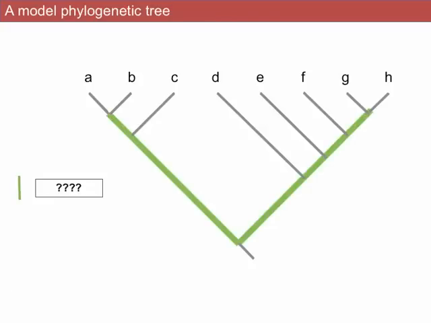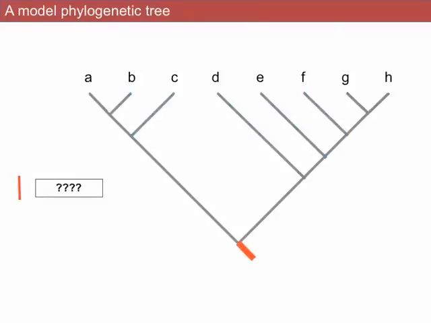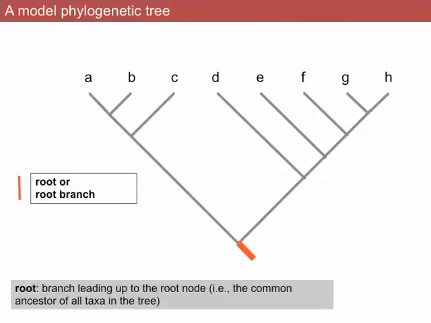Just like with nodes, we have different kinds of branches. We have internal branches on the inside. We have terminal branches going up to the tips. And we have one special branch called the root, or the root of the tree, or the root branch. The root branch is very important for many purposes, as we will see certainly in the next week or so.